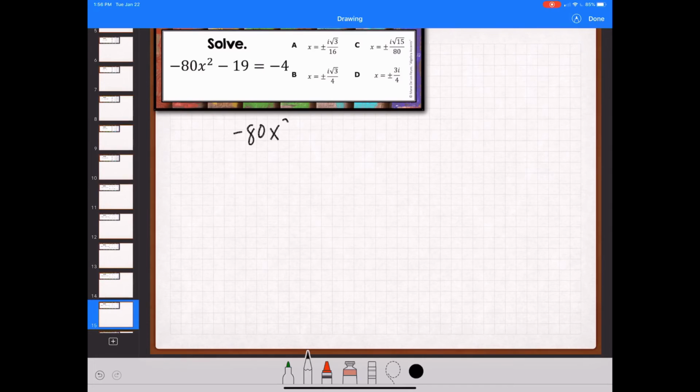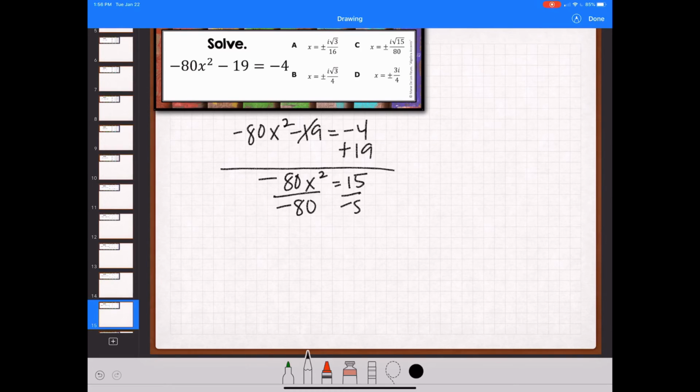Negative 80x squared minus 19 equals negative 4. Add 19. Negative 80x squared equals 15. Divide by negative 80. X squared equals, when you divide 15 by negative 80 and simplify it, negative 3 over 16.